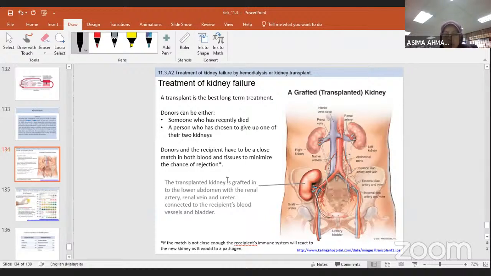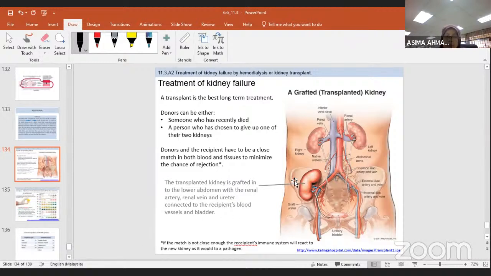Remember, our immune system will identify whether the cells belong to us or not. So kalau tak match, our immune system will reject it, because they will treat the transplanted kidney as foreign. Therefore, this will trigger antibody production, which will destroy the transplanted kidney.